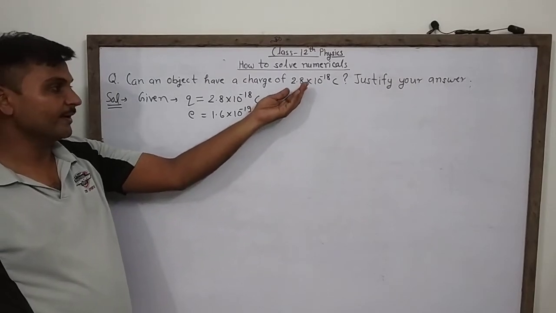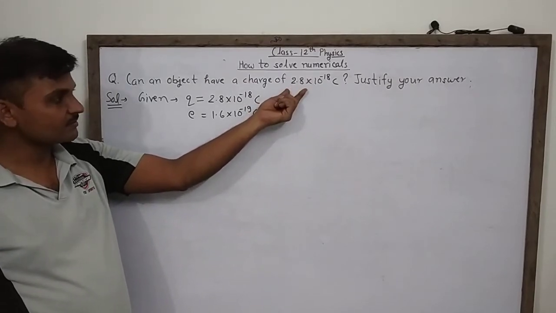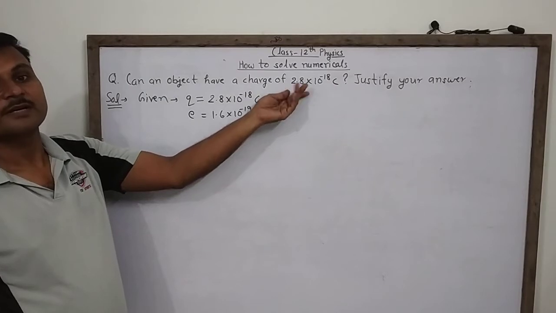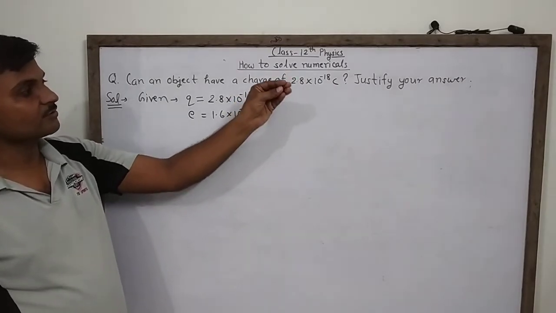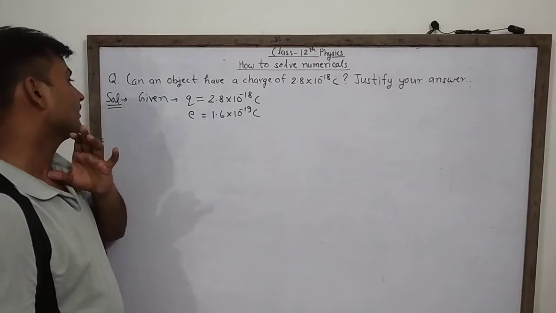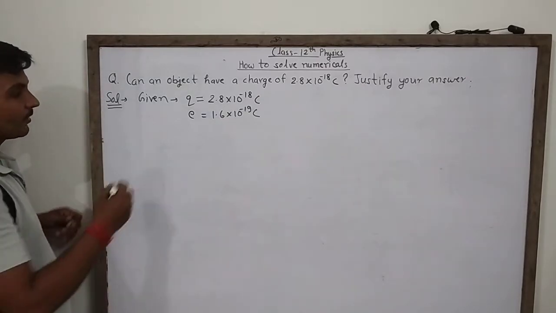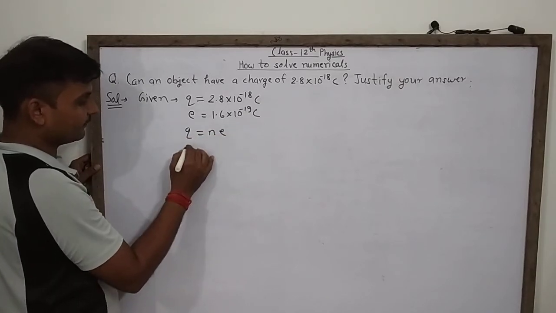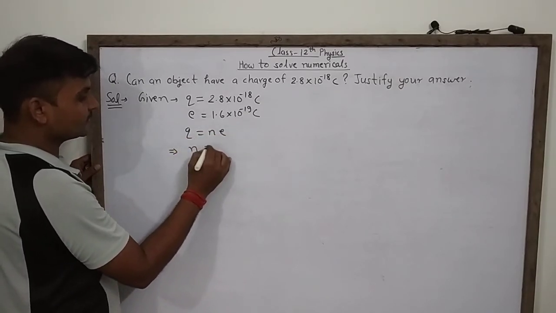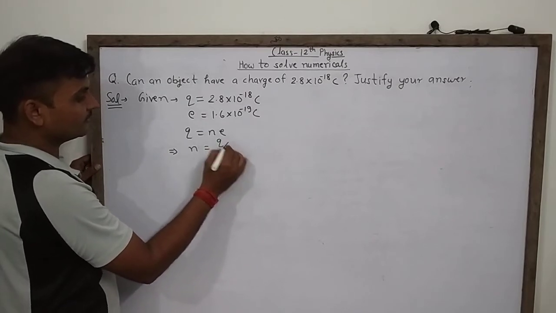It means it has excess of electrons or deficiency of electrons; it gives its electrons to another body. Now we know that Q is equal to Ne, and we find N is equal to Q by E.